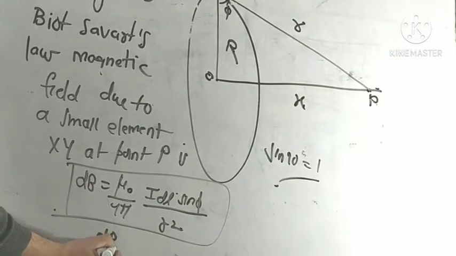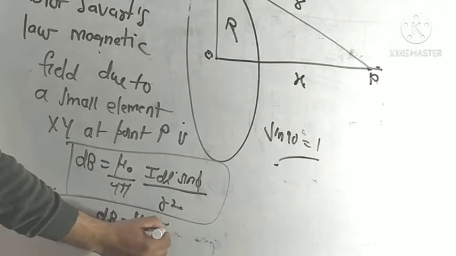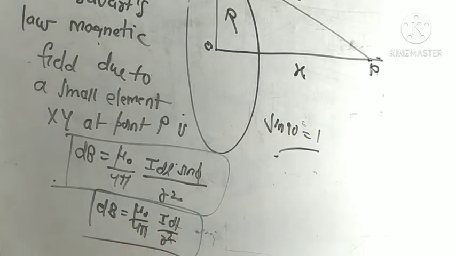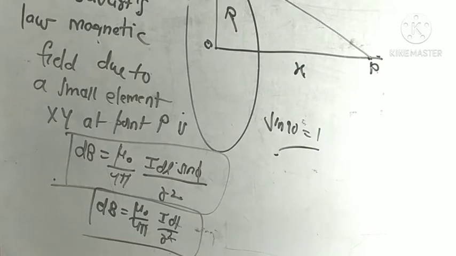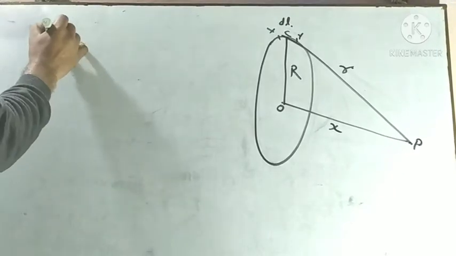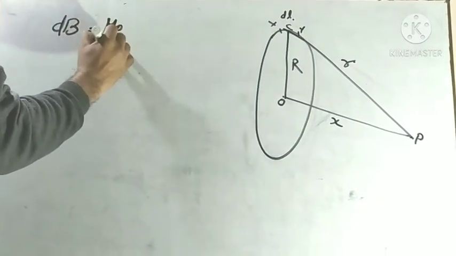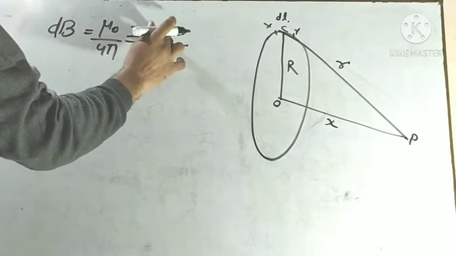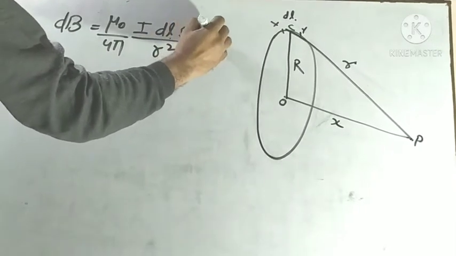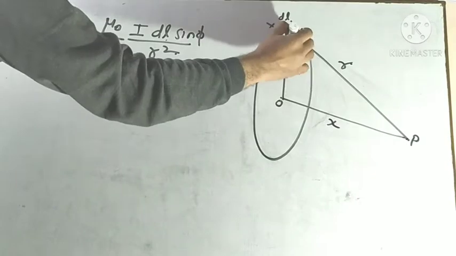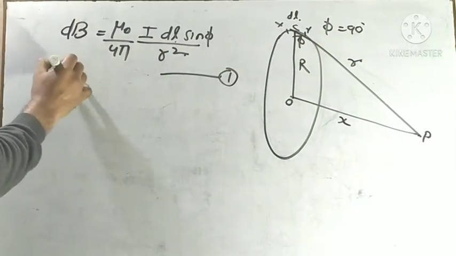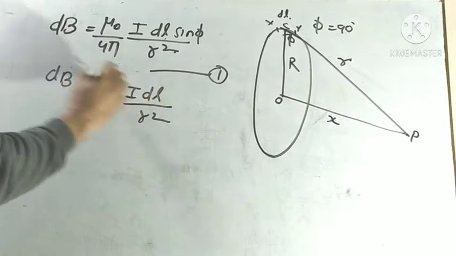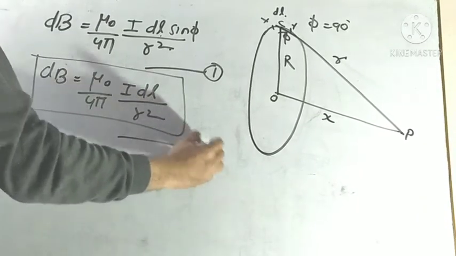So dB is equal to mu naught upon 4 pi, I dl upon r square. We give it equation number 2.